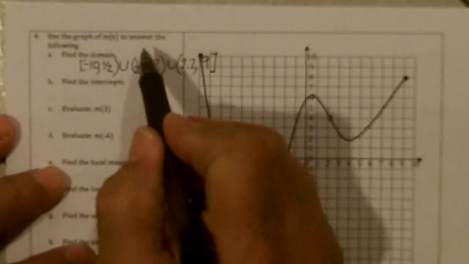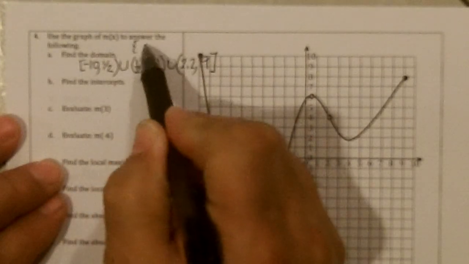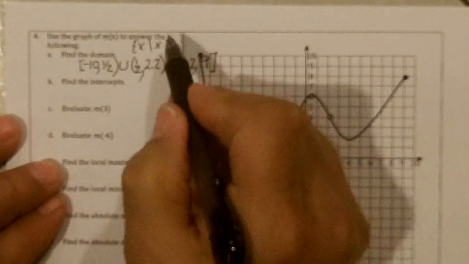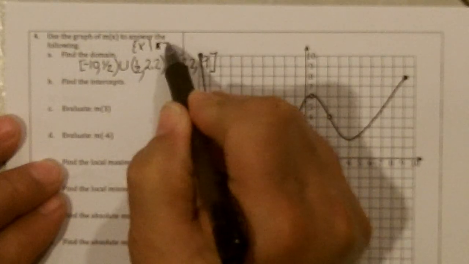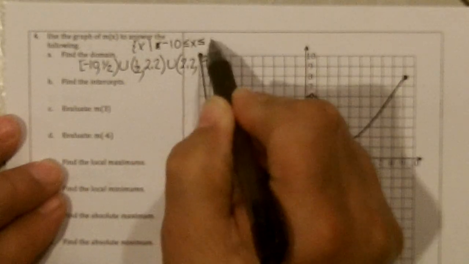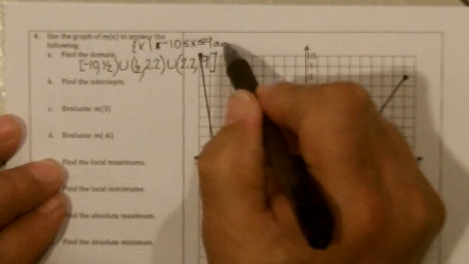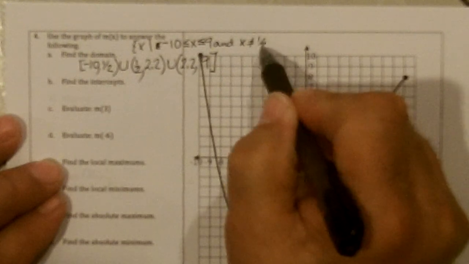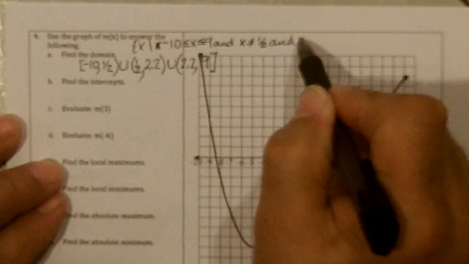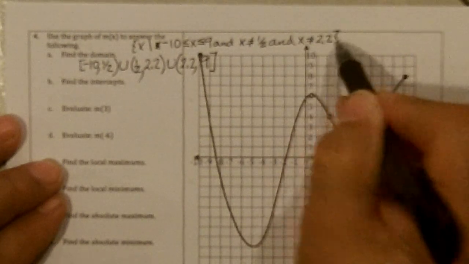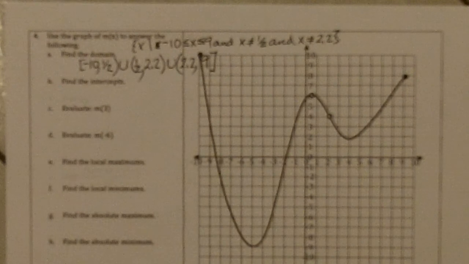Set notation would have been the set whose elements are numbers such that negative 10 is less than or equal to x, which is less than or equal to 9, and x is not equal to 1/2, and x is not equal to 2.2. Not very many nice ways to write this one.